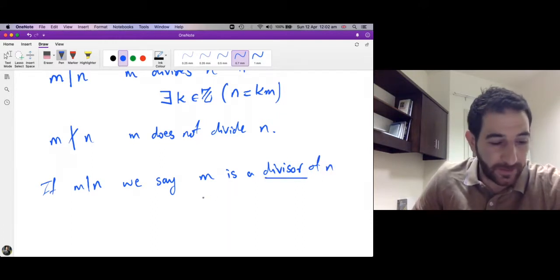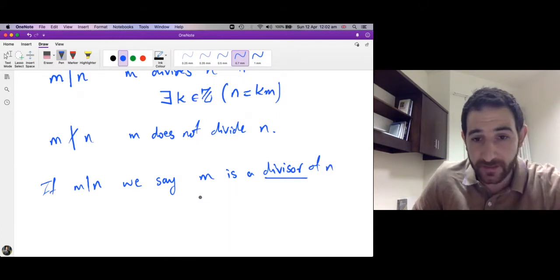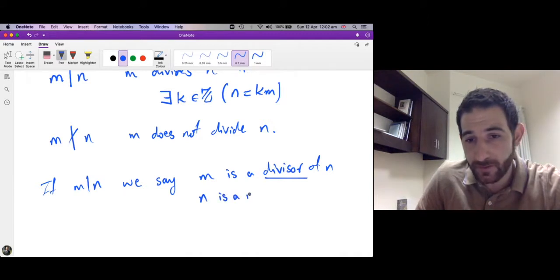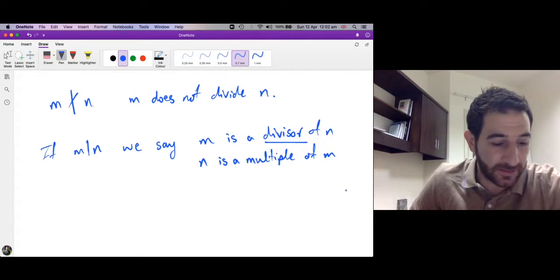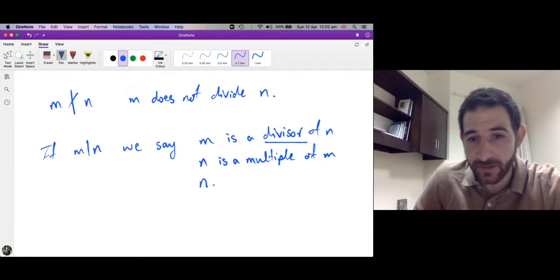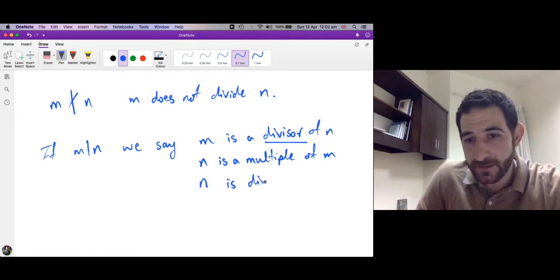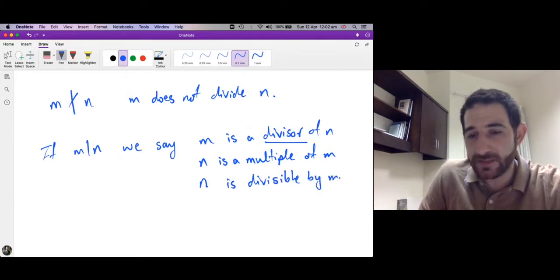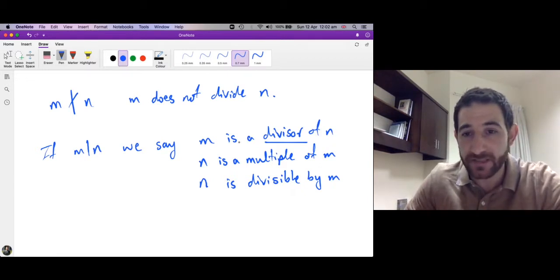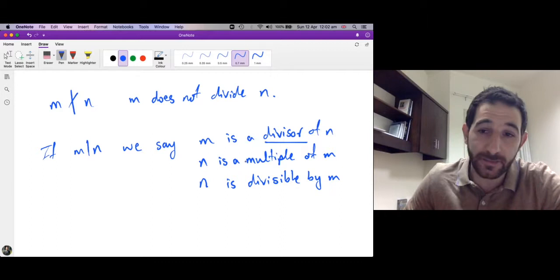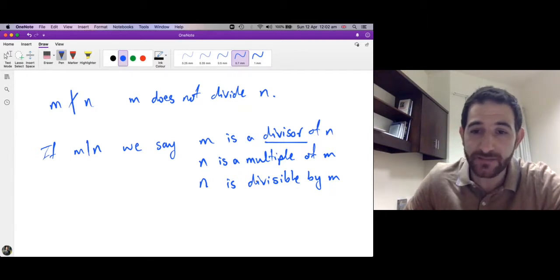We also say that n is a multiple of m, and we also say that n is divisible by m. All of these say the same thing: either you say m divides n, or m is a divisor of n, or n is a multiple of m, or n is divisible by m.